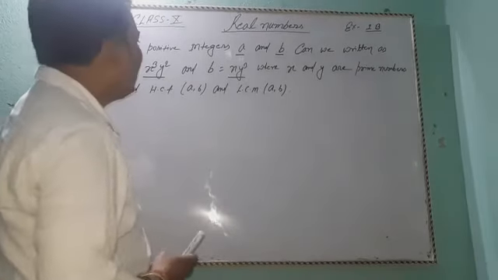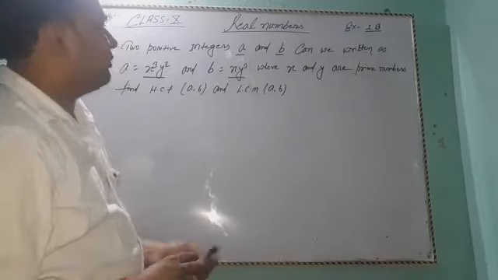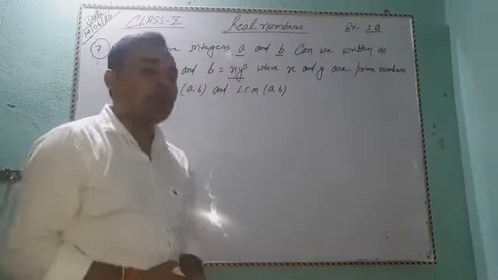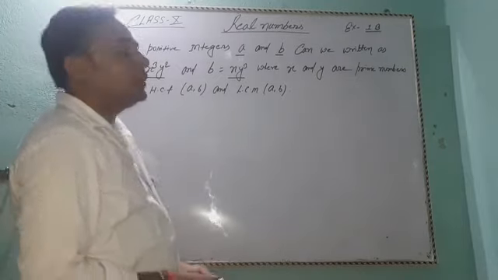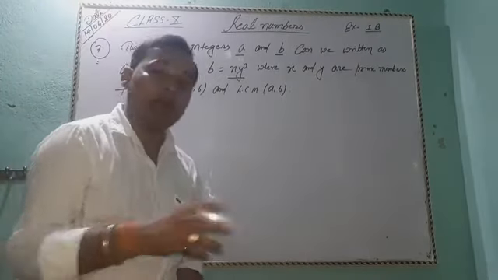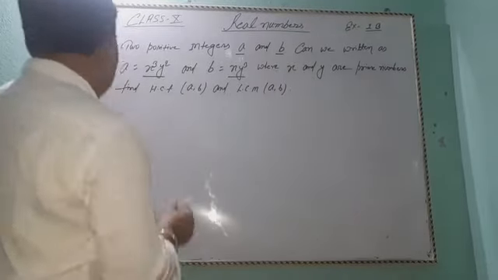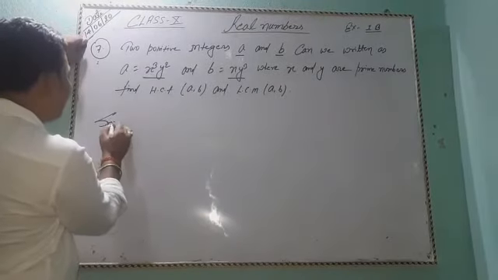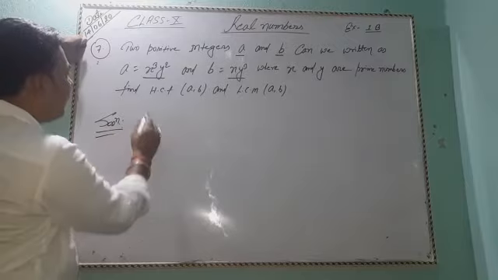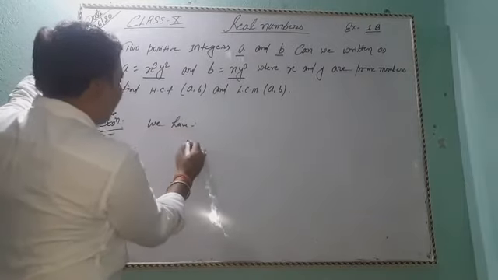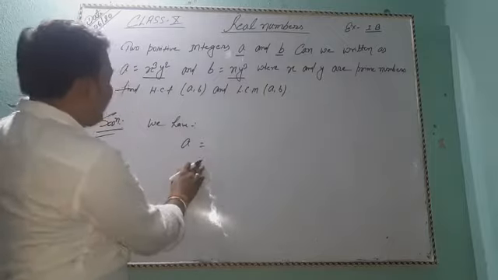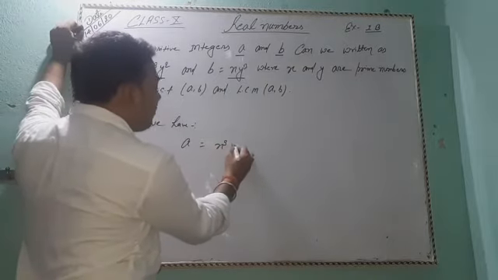Okay, so first of all I have two numbers a and b, and a and b are two integers, and we write the product of primes. Okay, so let's start the solution, students. We have a = x³y².